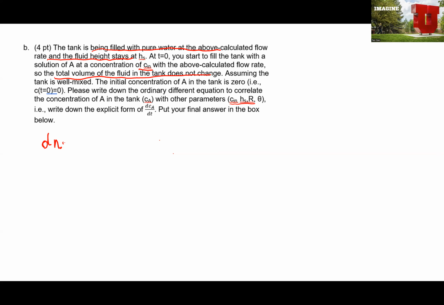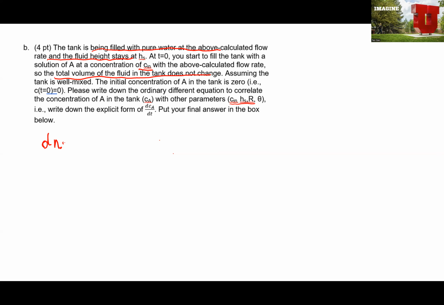You have dCa/dt multiplied by V plus Ca dV/dt, right? Because the volume of the liquid in the tank is not changing, this term drops out. Okay, we have only this term.